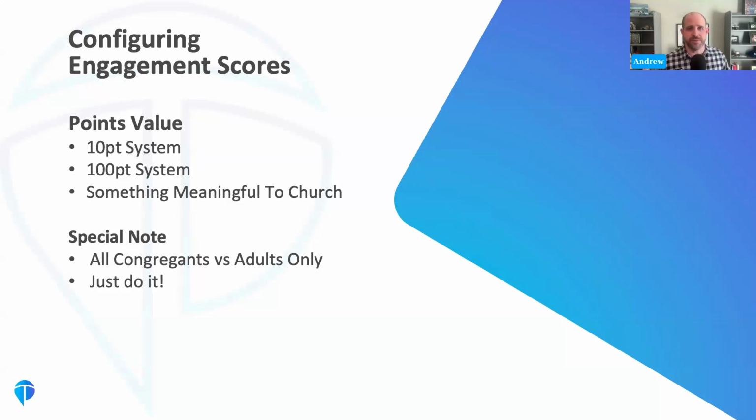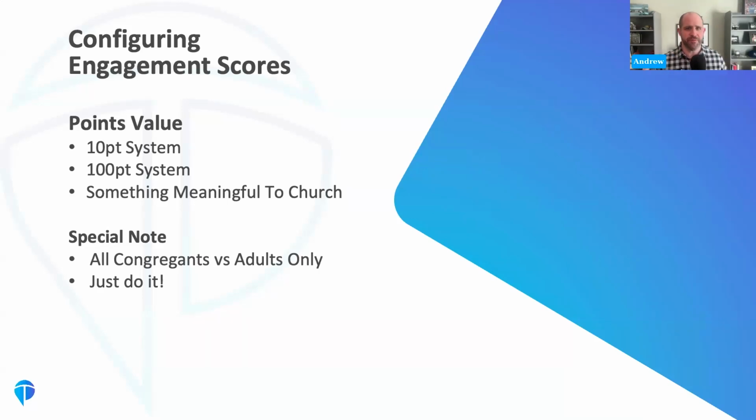So when I go to someone's engagement score on the record and I see that they have an engagement score of 75, I know, well, out of 100, they're doing pretty well. They're doing pretty good with that score of 75, as opposed to maybe someone that is brand new to our church and they have a score of 20. So you could make it meaningful to the church as well. If there's some other number out there, obviously you could build towards that.